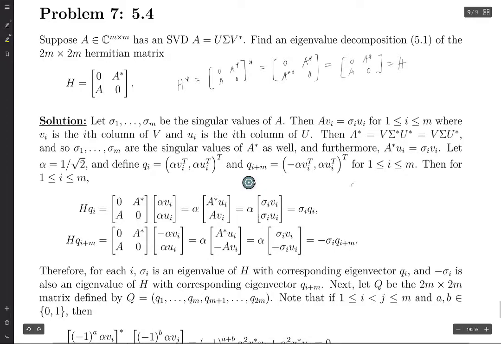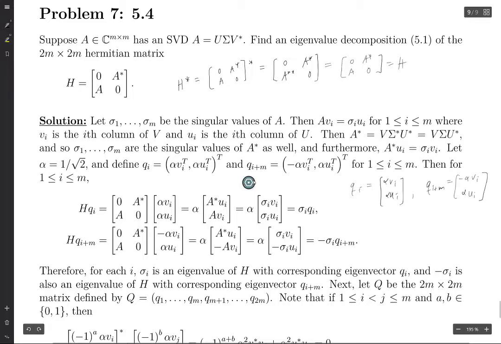But really Qi is alpha Vi, and then alpha Ui, and then Q i plus m is negative alpha Vi and alpha Ui.